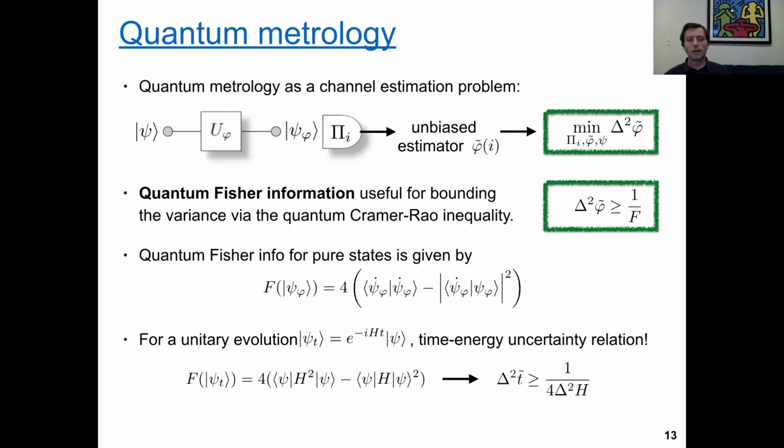If we plug this state into the formula above, we will get the so-called time-energy uncertainty relation. We will see that the variance of estimating the time is lower bounded by 1 over the variance of the energy in the system.